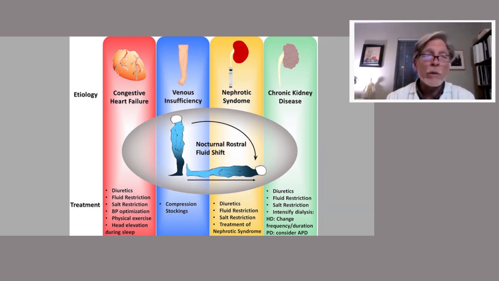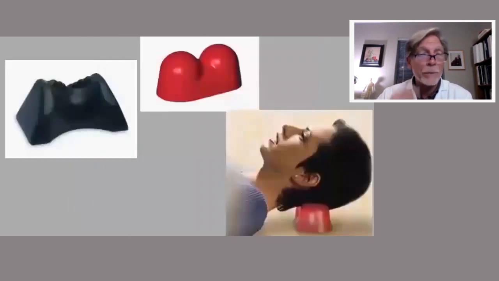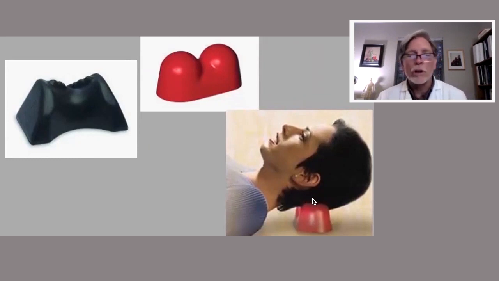So what's an easy way to assist the drainage of the lymphatics? We call it lymphatics in the brain, but it's essentially lymphatics. And this is what's called a still point device. You lay down on something a little bit more firm, and you put this underneath the base of the skull. It actually lifts the skull off the top of the neck.